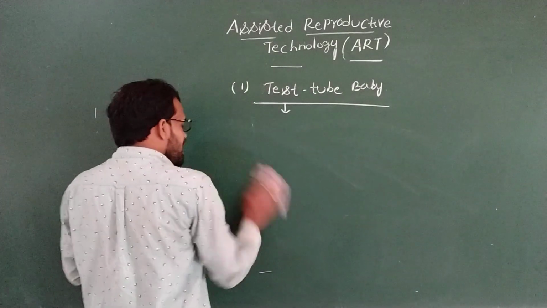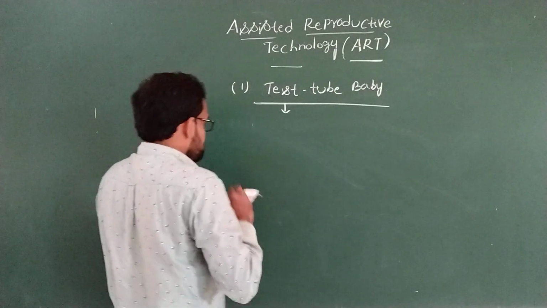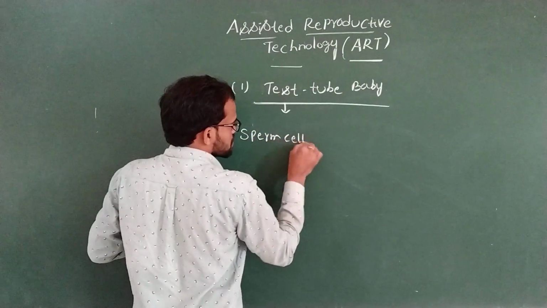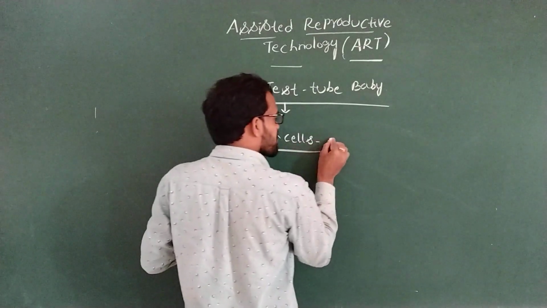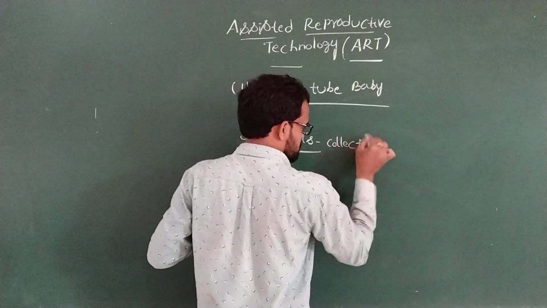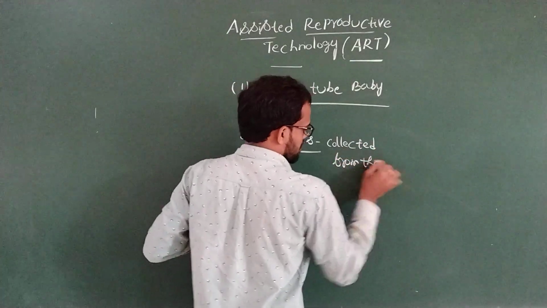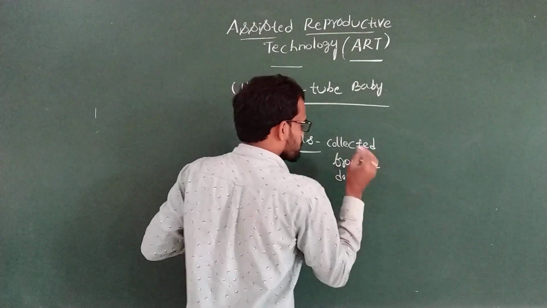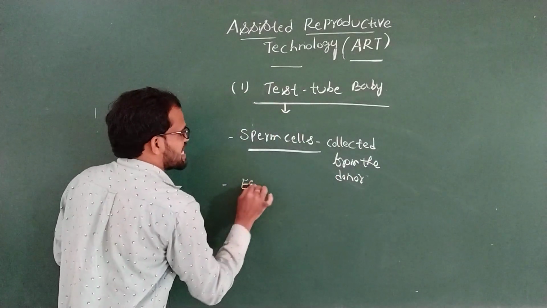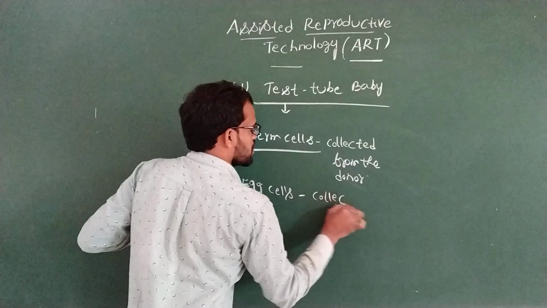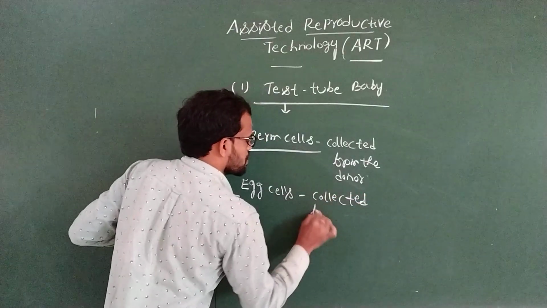First, the sperm cells are collected from the donor. Next, egg cells are collected from the donor.